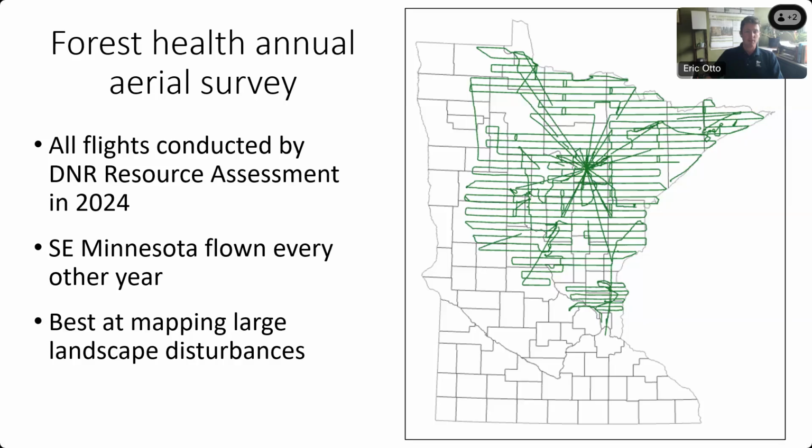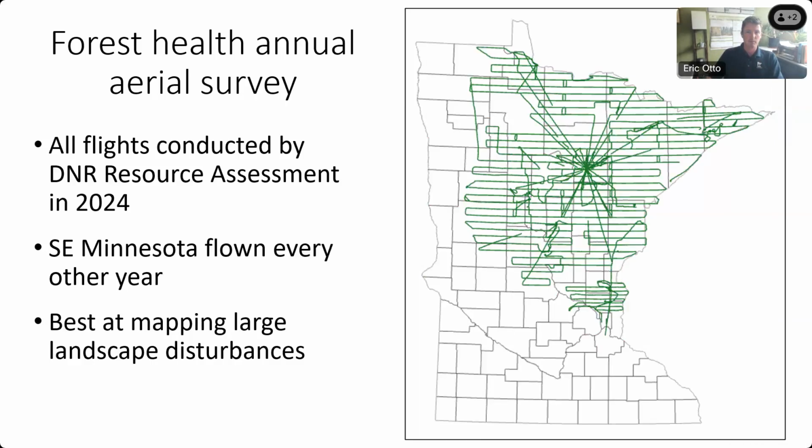We fly Southeast Minnesota every other year just to track what emerald ash borer is doing down there. And while this tool is not 100% science, and we're not going to map all the damage 100% accurately, it's best at mapping large landscape disturbances like spruce budworm.